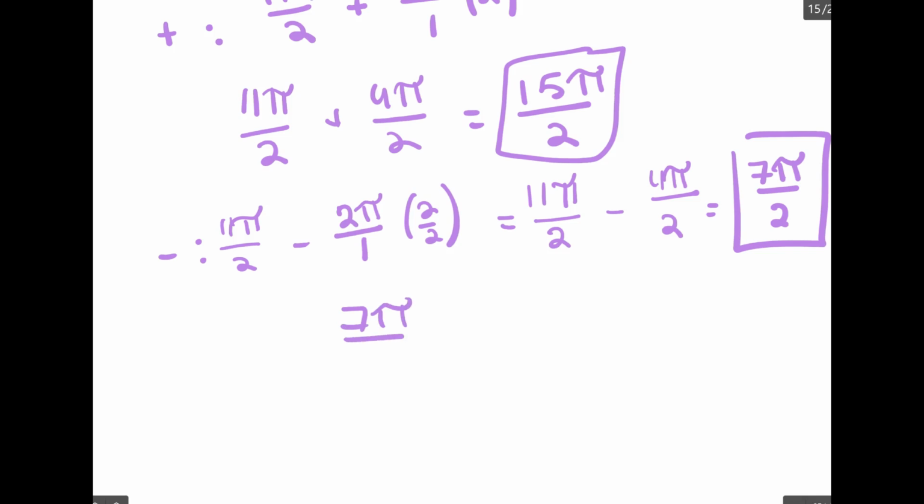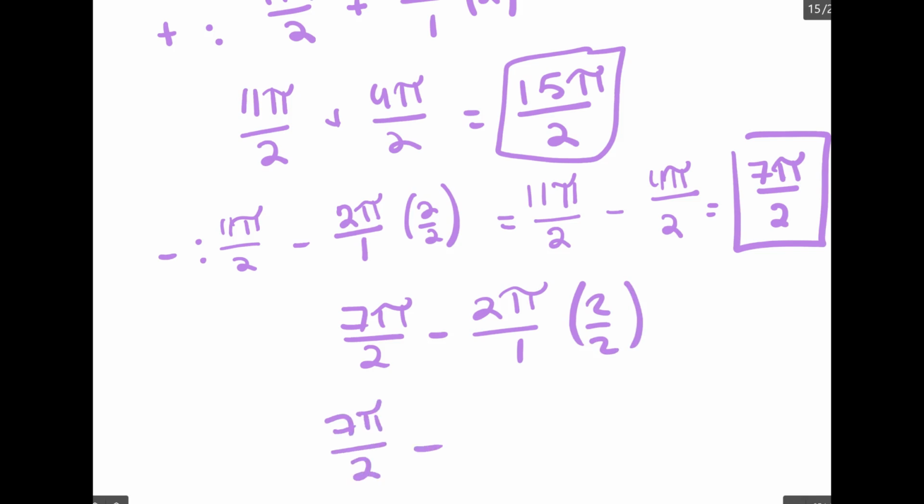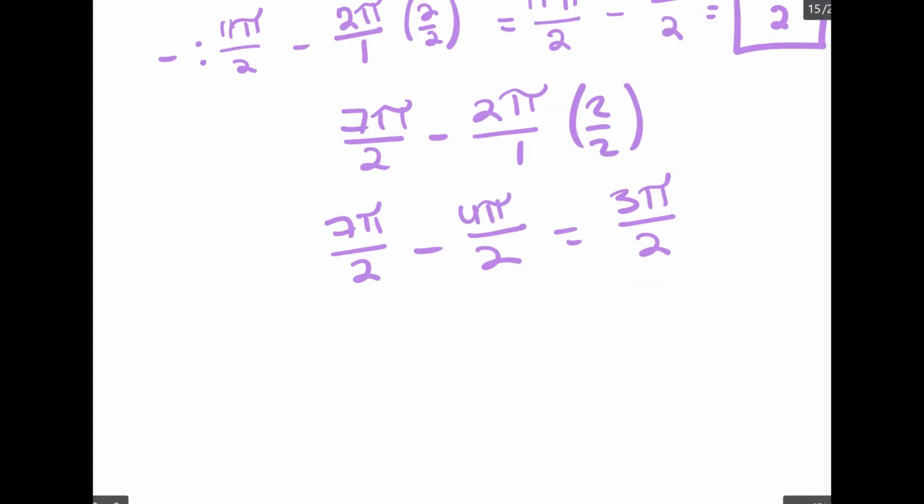Is that wrong? Michaela's like, oh, we just have to keep going. Is that wrong? Or no, this is right. Now you have to find a common denominator. Oh, we keep having to go. That's what I was talking about. You have to keep going until you hit a negative.